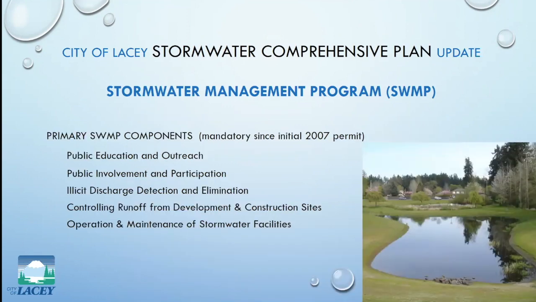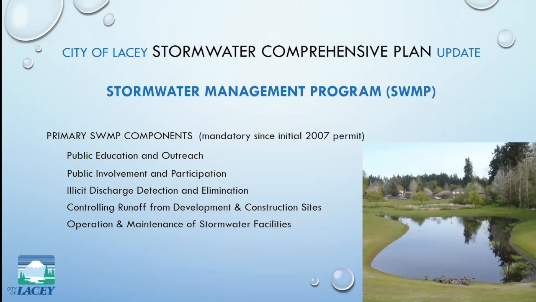So in the Stormwater Management Program, there are 5 primary SWMP components. These are the ones that are ongoing and have been mandatory since 2007. There's public education and outreach, which includes water resource education, student learning, public events where we have booths such as at Lacey Fun Fair, volunteer efforts, tree plantings, and so forth.